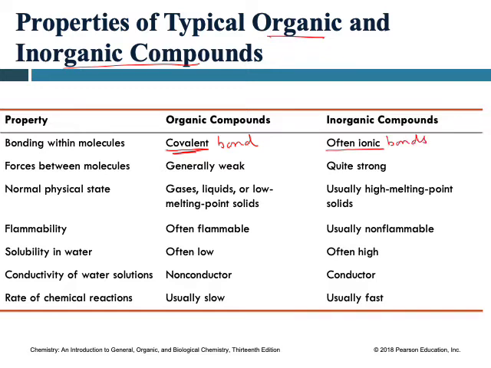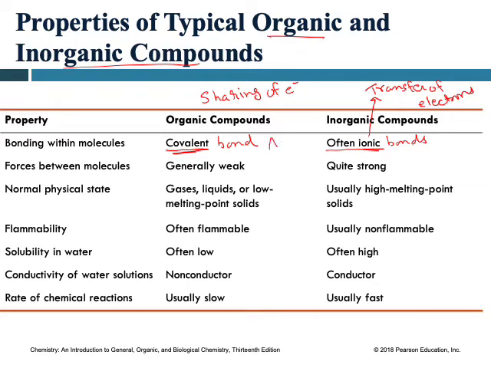So what is a covalent bond? Covalent bonds are formed by sharing of electrons, whereas ionic bonds are formed by transfer of electrons. So let's take an example.